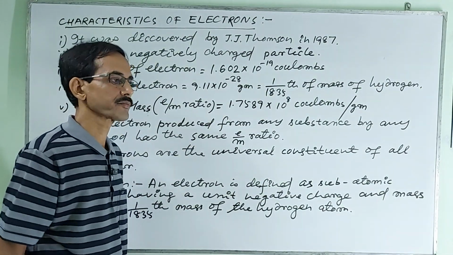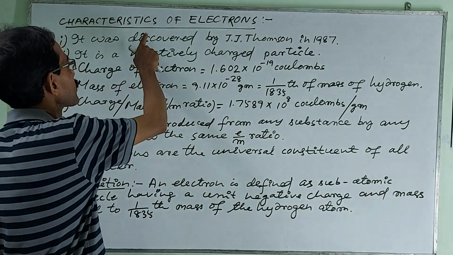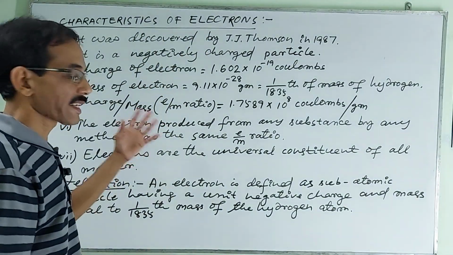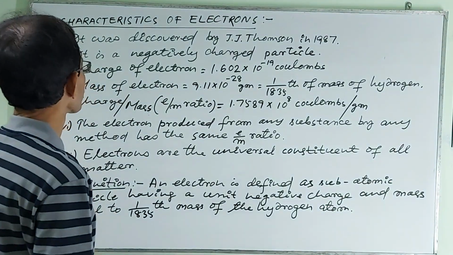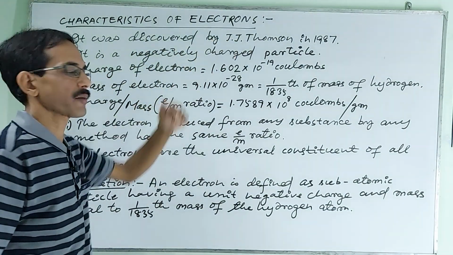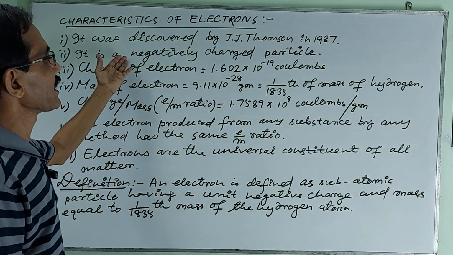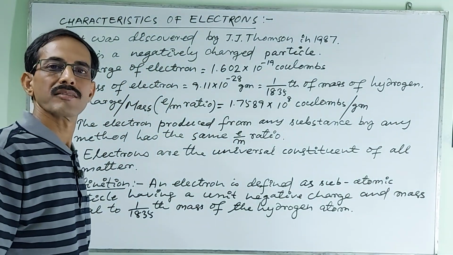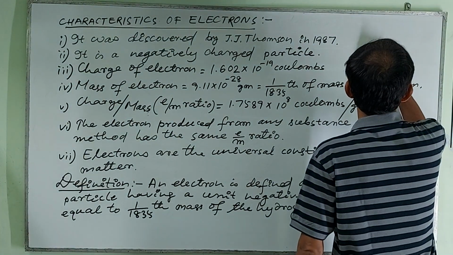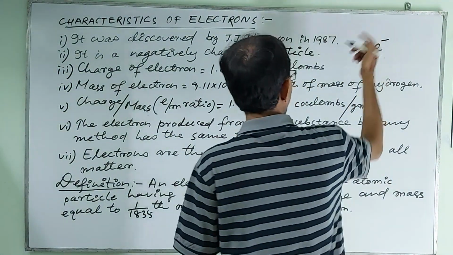My dear students, I will teach you regarding the characteristics of electrons. What are the characteristics of electrons? It was discovered by J.J. Thomson in 1897. It is a negatively charged particle, because this is the symbol of electron, e minus.